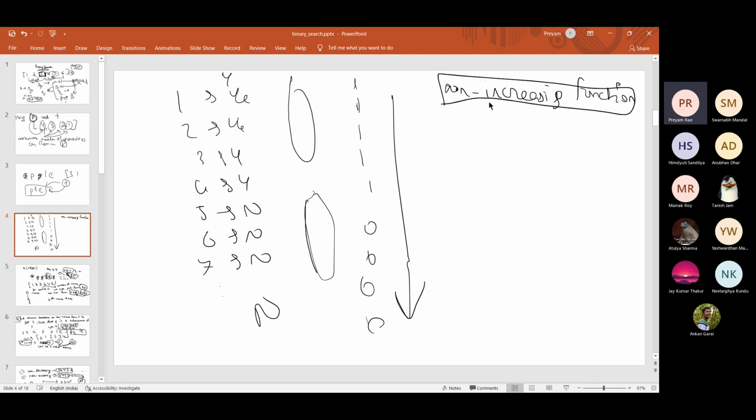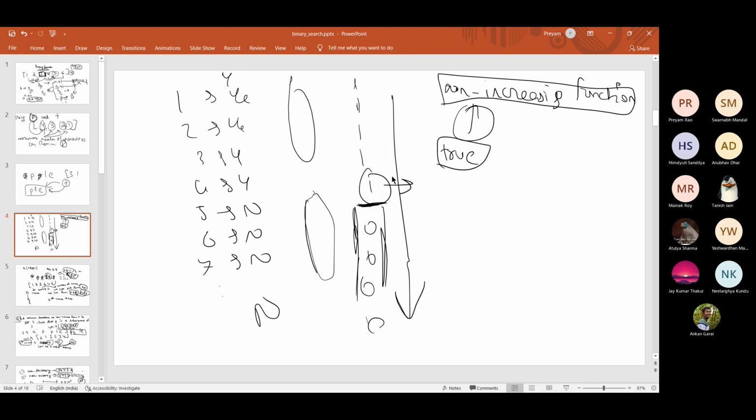Now, the moment we find that this is in fact a non-increasing function, we need to find the farthest move up to which the answer is true. Basically, we need to find the first time the answer is false. This becomes a binary search problem, because we have found a non-increasing function.